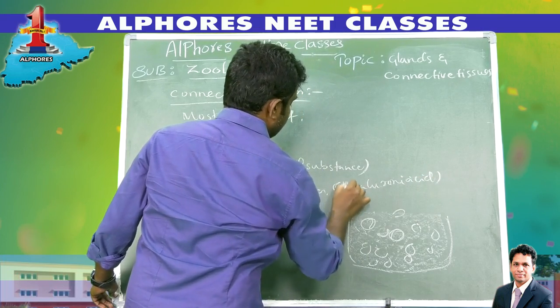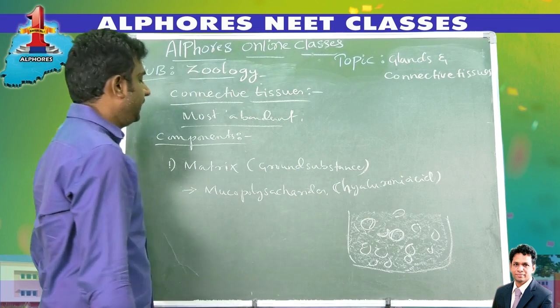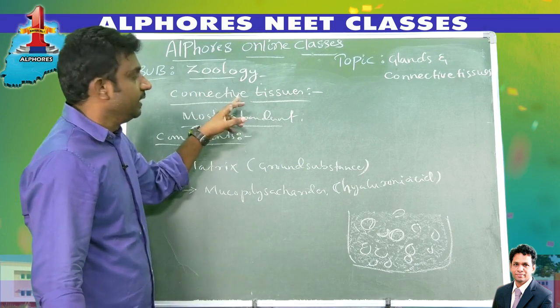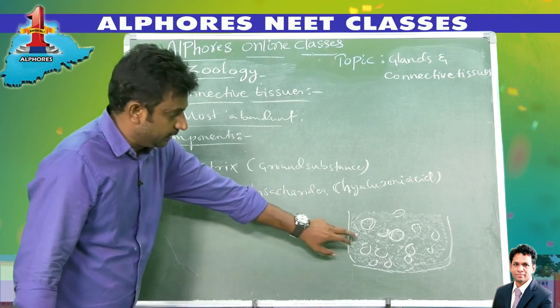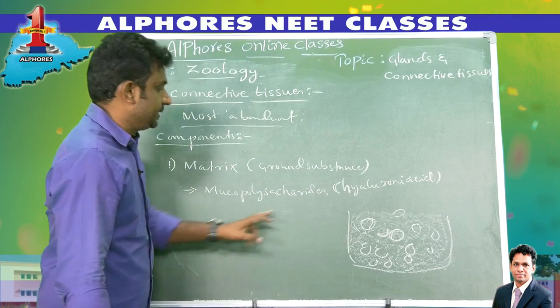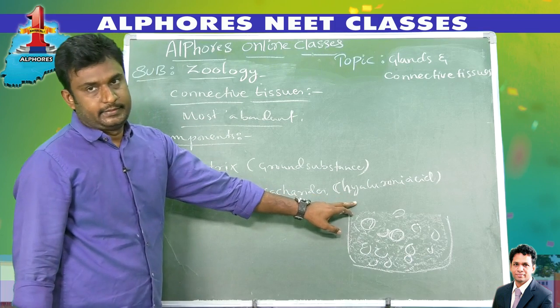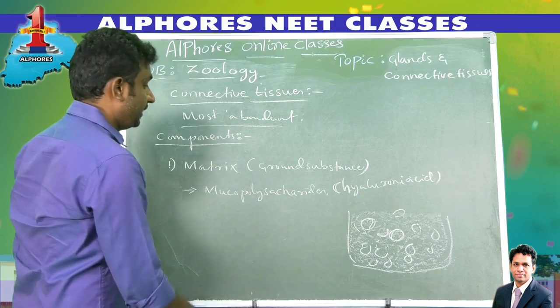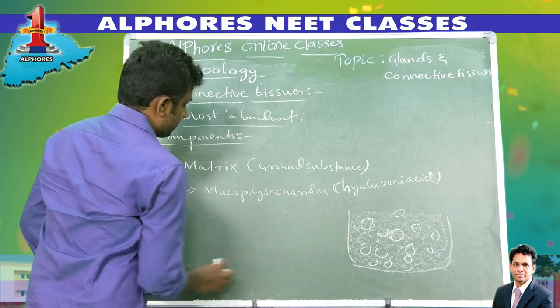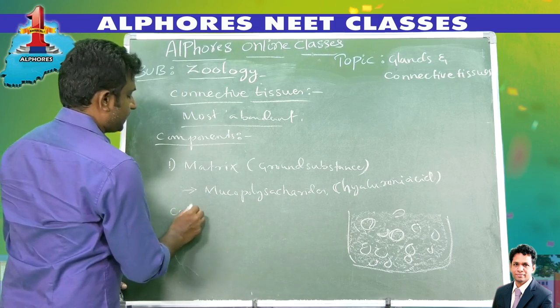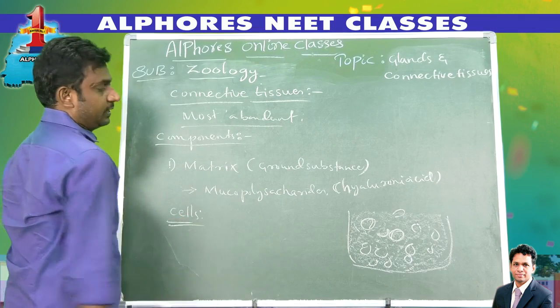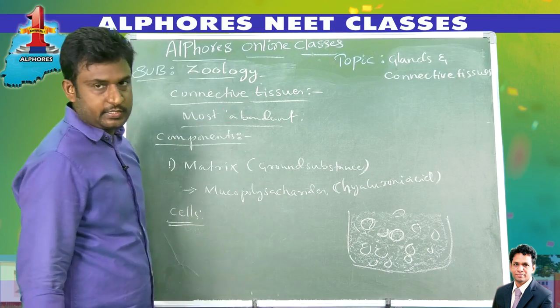Hyaluronic acid is the mucopolysaccharide present in the matrix of the connective tissues. In this matrix, some cells are also present, the connective tissue cells.